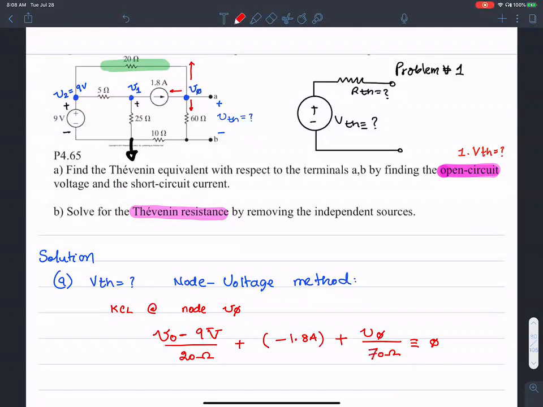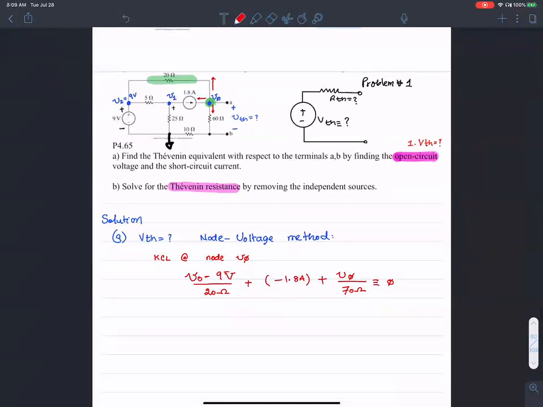The reason is that the current flowing through V0 has to pass through a series combination of 60 and 10 ohm resistances. So V0 by 70 ohms, that's the other current. So three branches, and that's equation 1 for the node voltage method, KCL at V0.